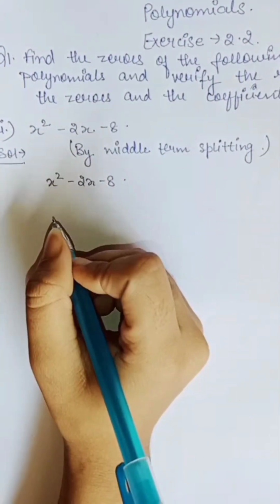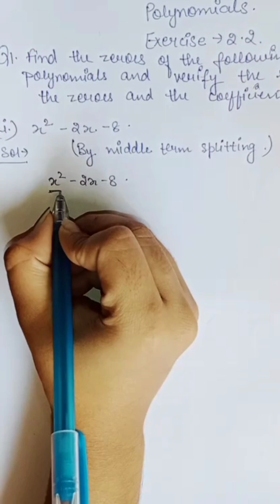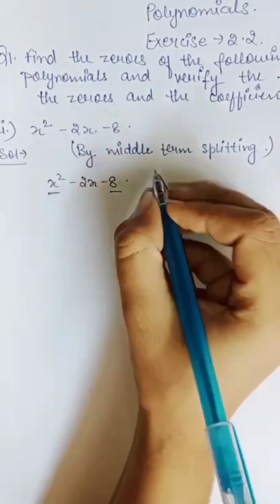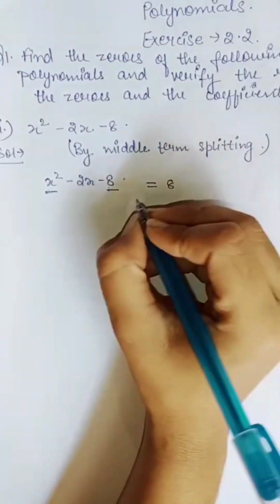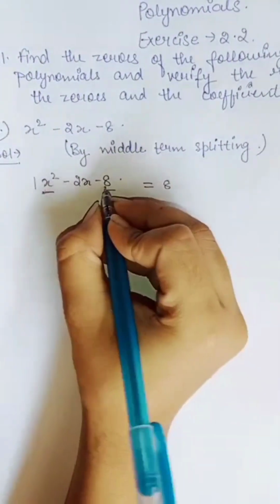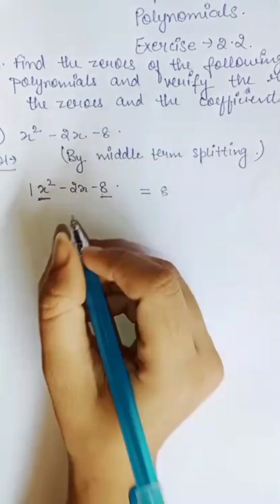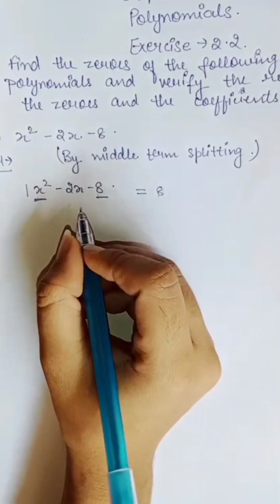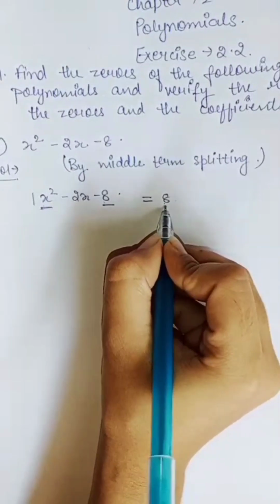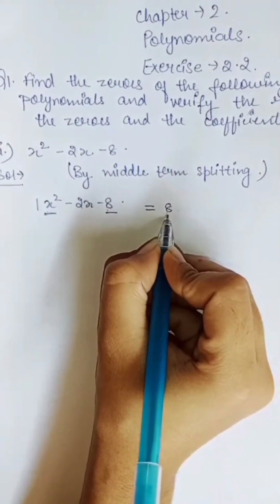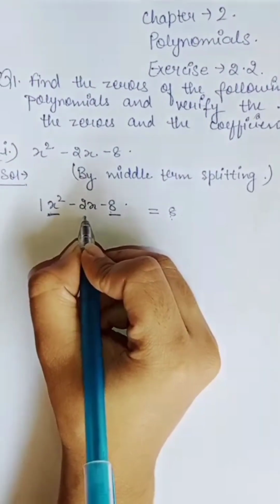How will we do the middle term splitting? Multiply the first digit with the last digit. What comes out? 1 into 8 is equal to 8. Now we have to find those numbers that on multiplying give the answer 8, and on subtraction or addition give the answer 2.